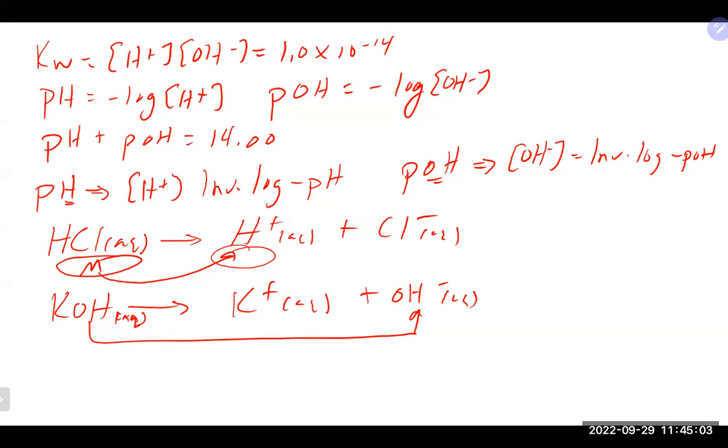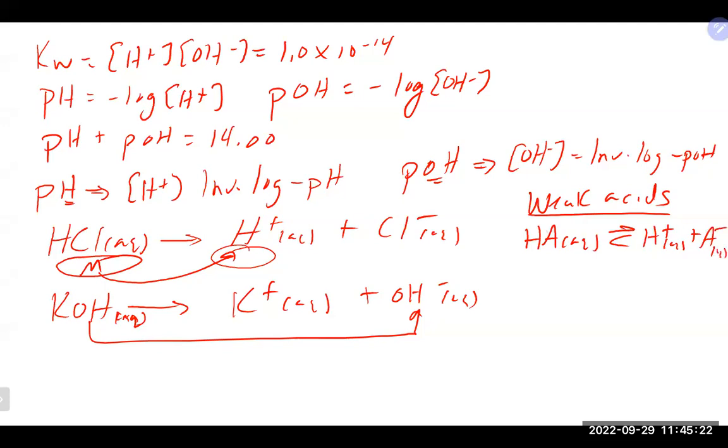We talked about weak acids, which mainly stay together. So weak acids are really an equilibrium type of situation. And because they mainly stay together, they will set up this equilibrium.